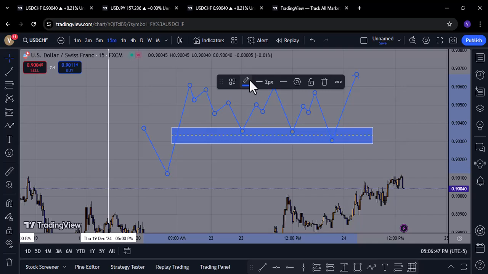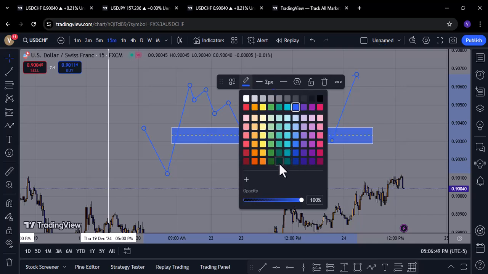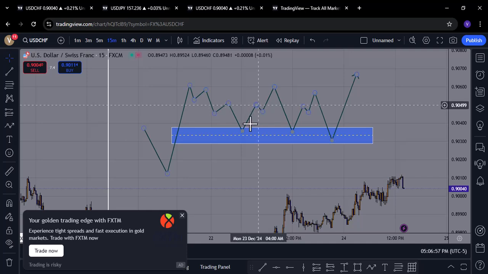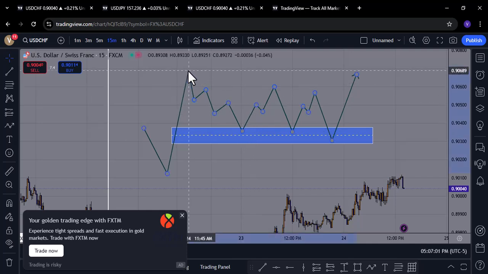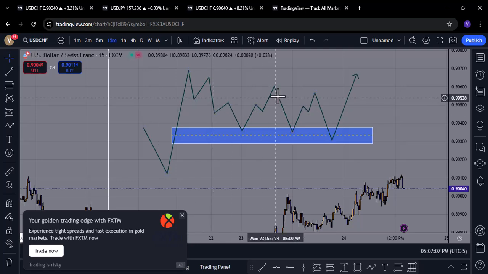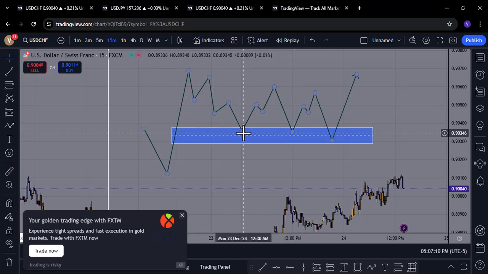Let me explain again. What did I say? Price formed the fair value gap, which is this here. Price came back to it. You're going to see a retracement upward, it will just bounce off. But I'm not promising you that it's going to take these highs, they are still going to be there. So price will come up a little bit, then fall back, maybe not even taking this one or taking this one.